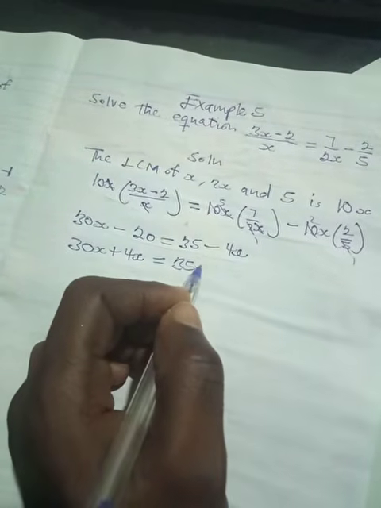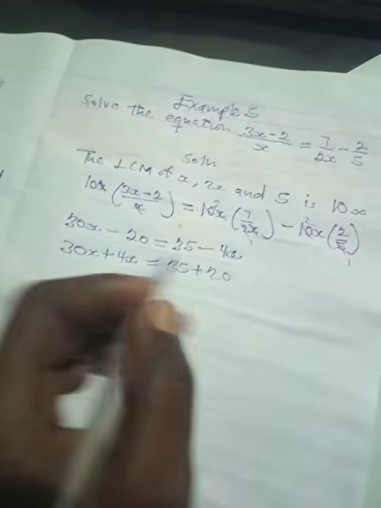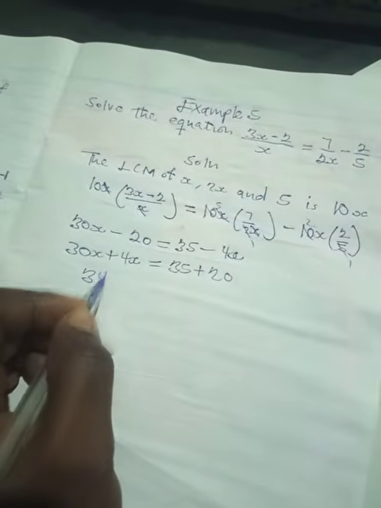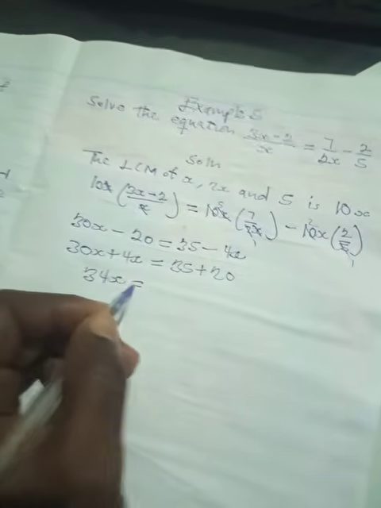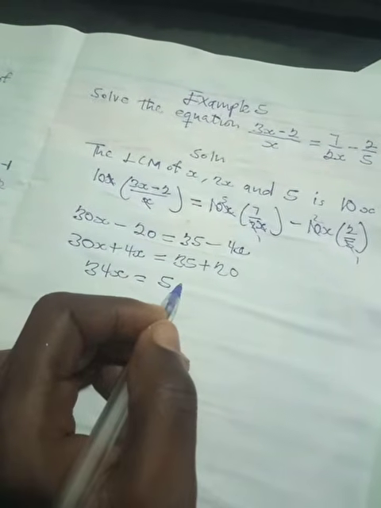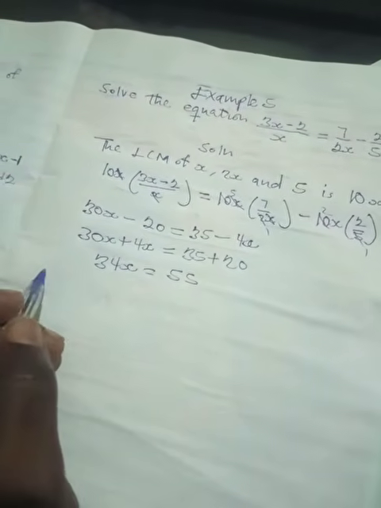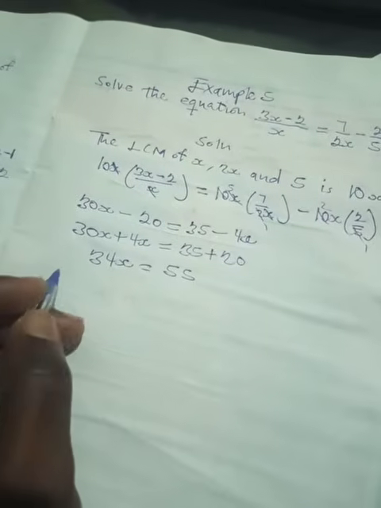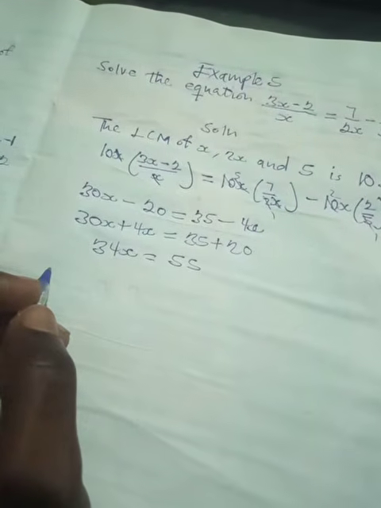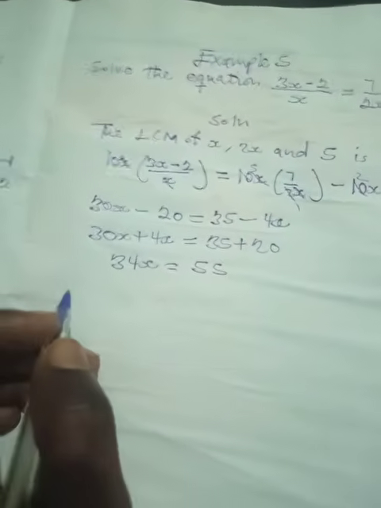When it crosses the equal sign, it is plus 20. So we get 34x is equal to 55. Now you divide both sides by the coefficient of x, which is 34.